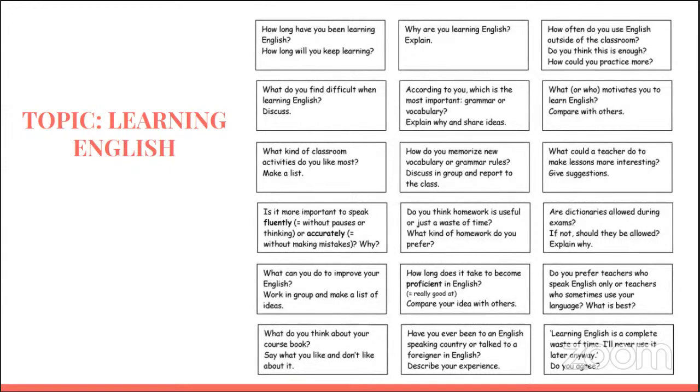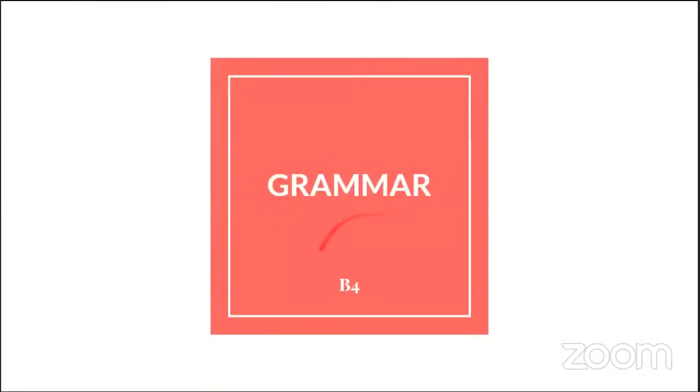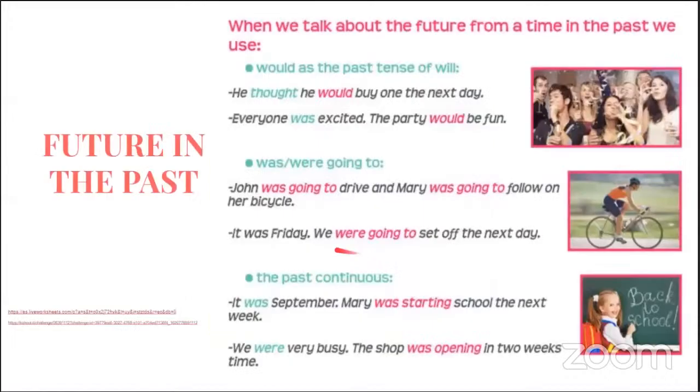All right, very good. Let's please move on to the next thing. Grammar. In this unit, you are going to review about the future in the past. And well, let's please begin with this. When we talk about the future from a time in the past, we use would as the past tense of will. So we can say he thought he would buy one the next day.